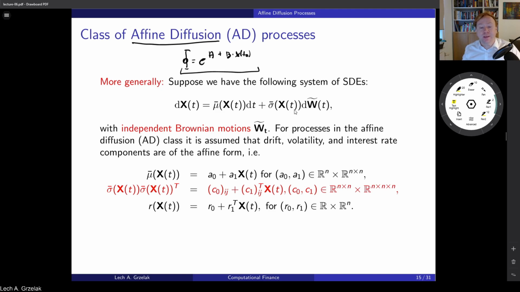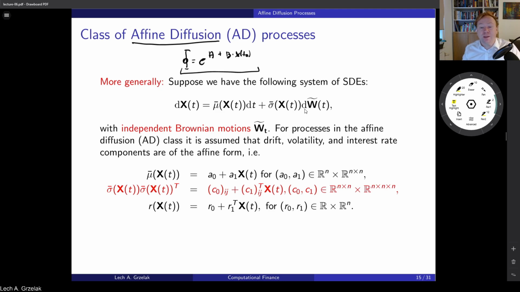In most cases, the number of Brownian motions we deal with corresponds to the number of state variables x. So if you have 5 stochastic differential equations, normally you would also have 5 Brownian motions. However, this is not a requirement. You may have, say, 5 processes for your stocks, but you may also have 25 Brownian motions.